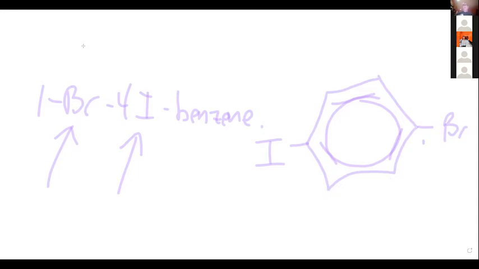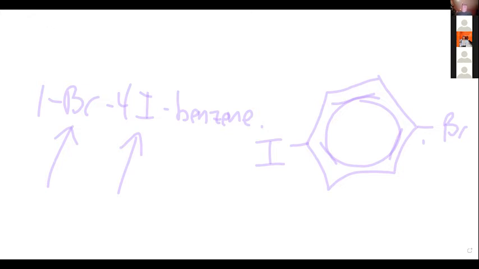So there's my molecule. You remember that when we have two substituents on benzene, we give them different names to tell what relationship they are to each other. Do you remember what those three were? There's cis, trans, and I think you said... That's for double bonds.